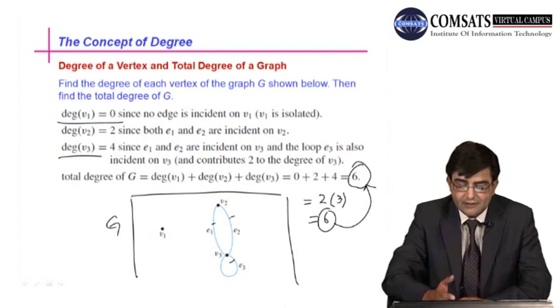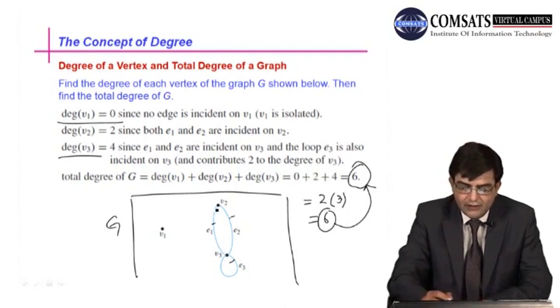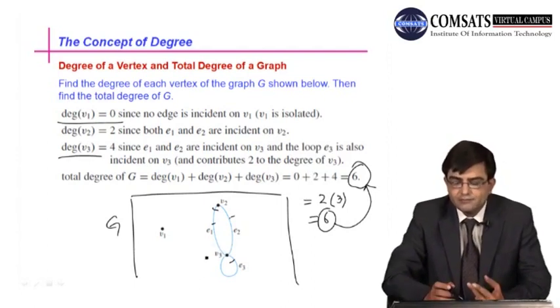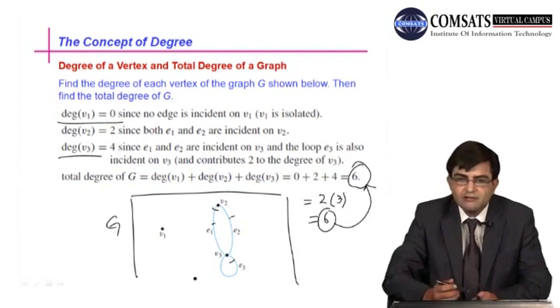For example, here E1 is incident on v2 and v3, so it contributes 1 degree to v2 and 1 degree to v3. So every edge contributes 2 degrees in the graph.